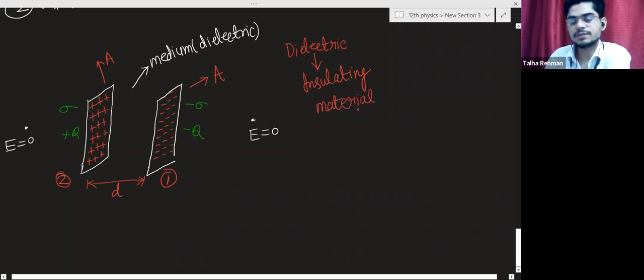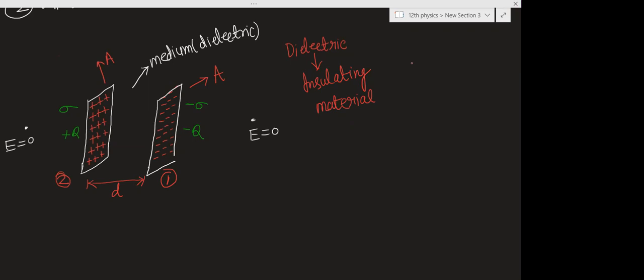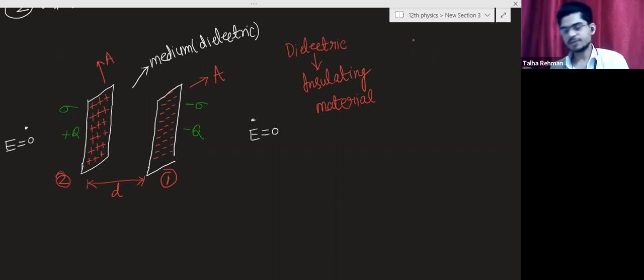Hamza, what are insulators? Okay. Insulators are those which cannot conduct electricity, meaning there are no free electrons in insulators.